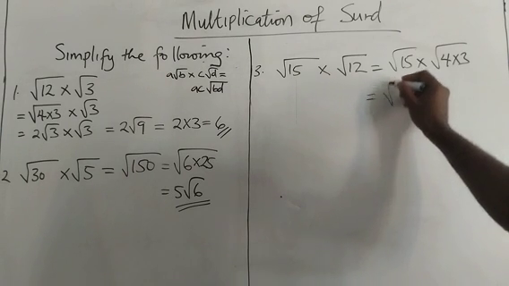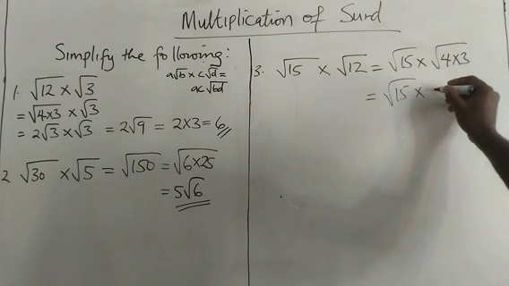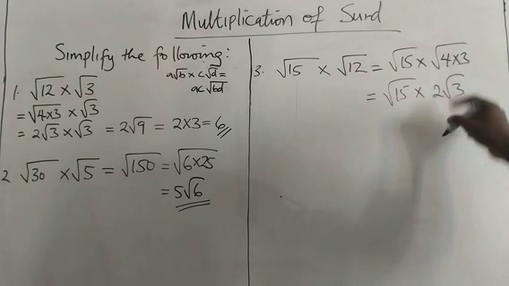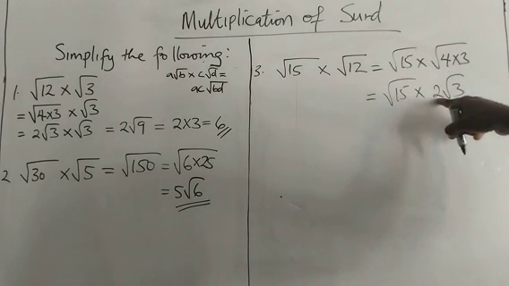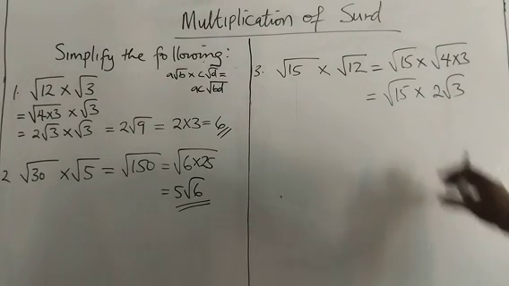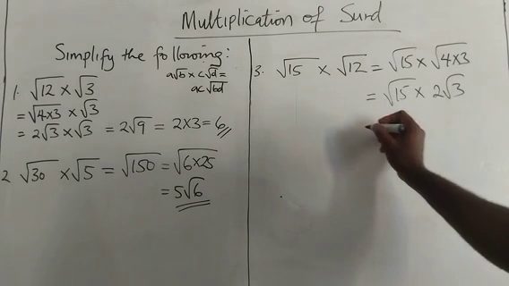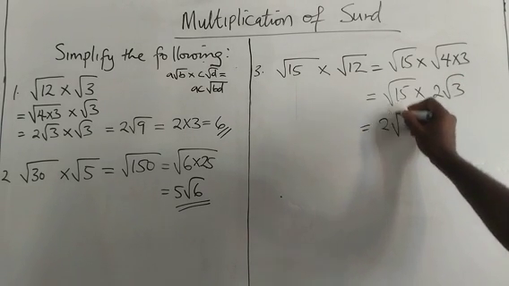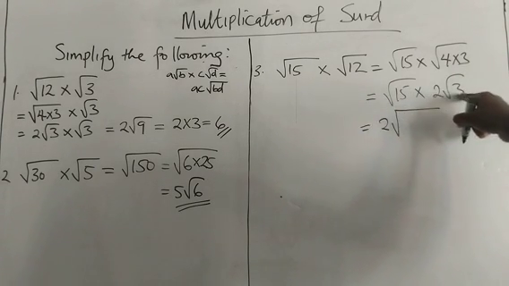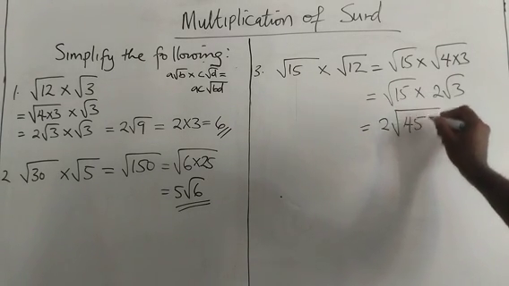It will give us root 15 times 2 root 3. Square root of 4 gives 2. At this point, we are going to do the multiplication. We will have 2 root 15 times 3, which will give us 2 root 45.